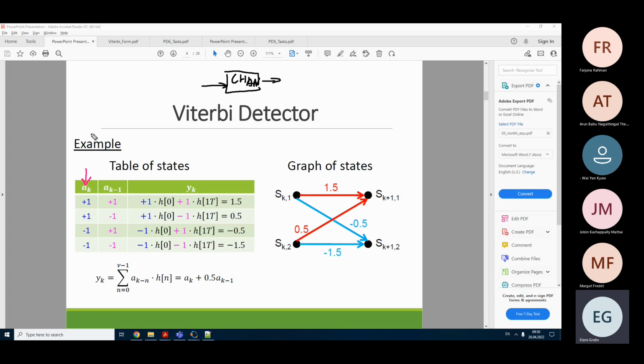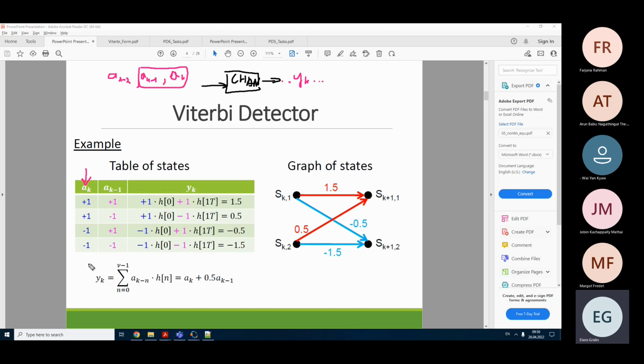Then we have input symbols AK, previously AK minus 1, previously AK minus 2, and so forth. And we have accordingly output symbols YK, and so forth. So this YK will depend on these two last symbols.